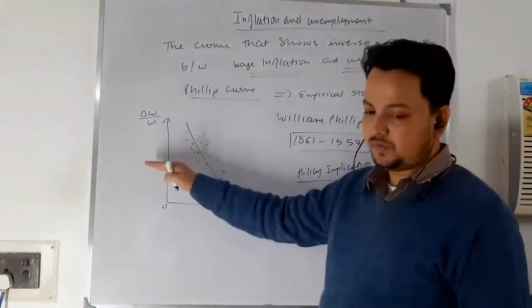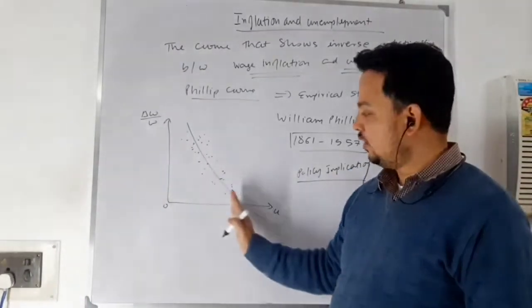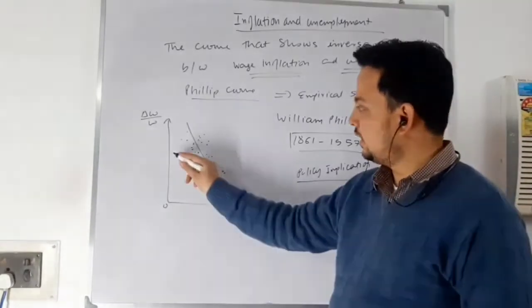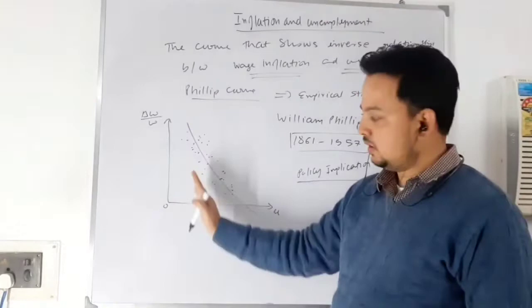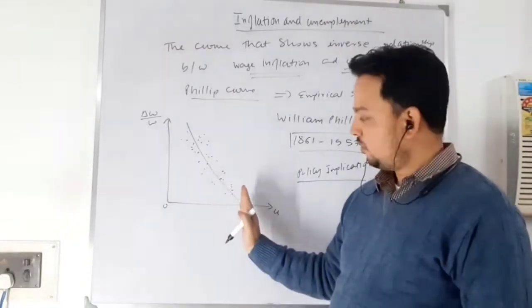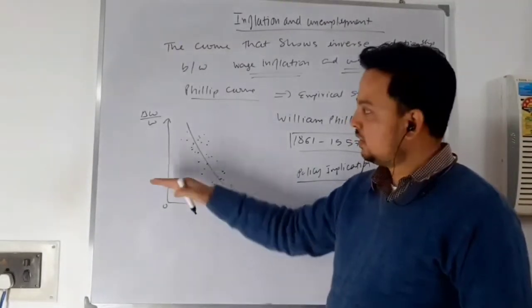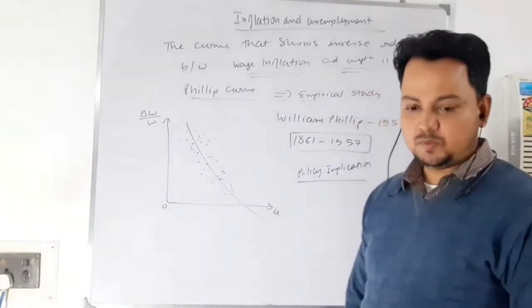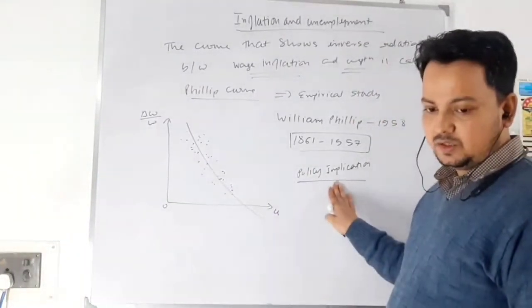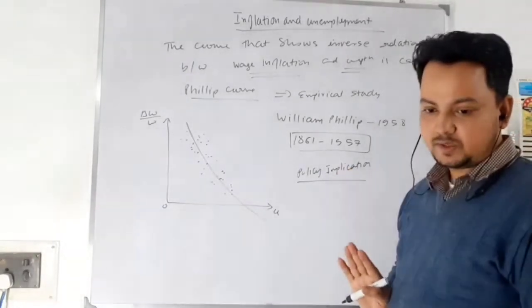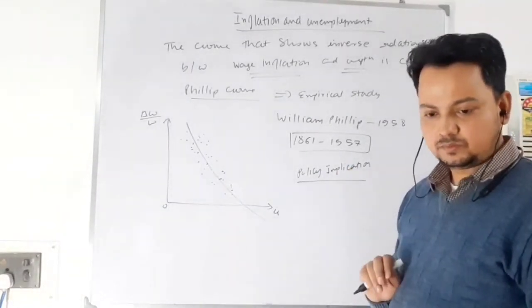If I want to reduce wage inflation, unemployment will be higher because there is a negative relationship. When I want to reduce unemployment, wage inflation or inflation in the economy will be higher. So the policy implication is that both inflation and unemployment cannot be reduced together.